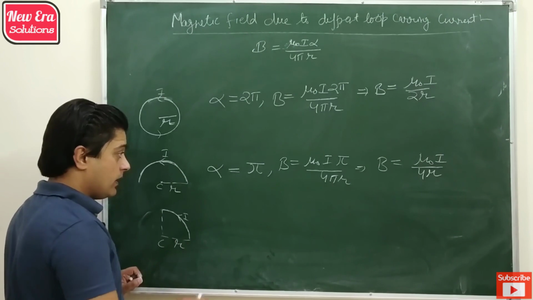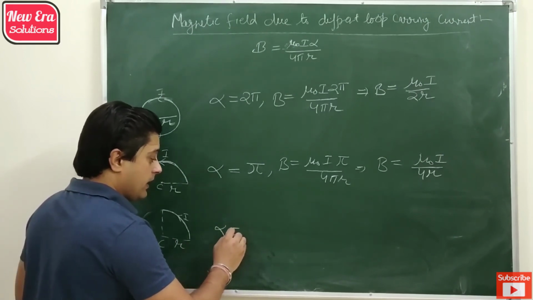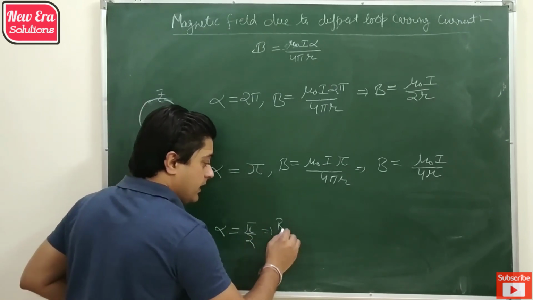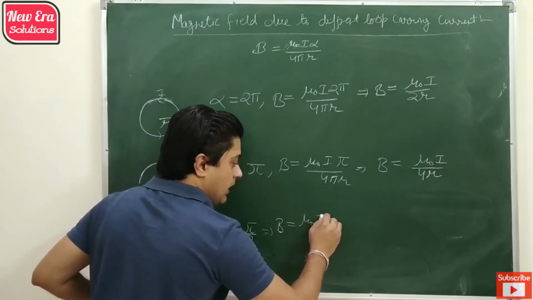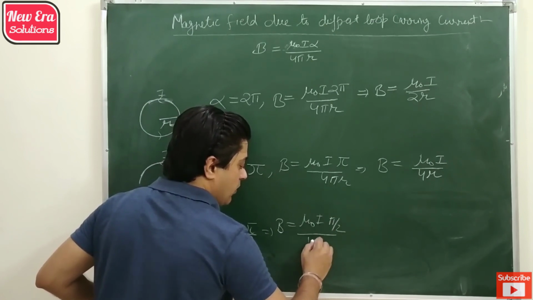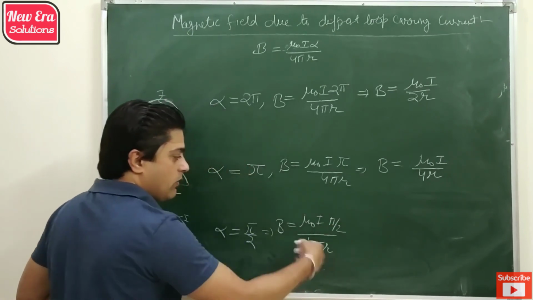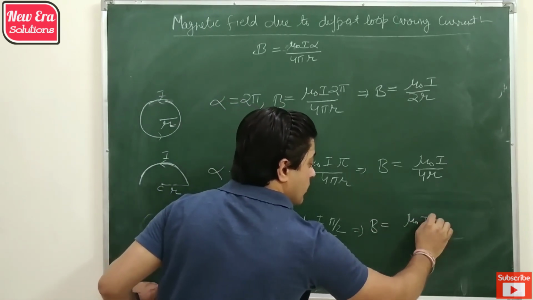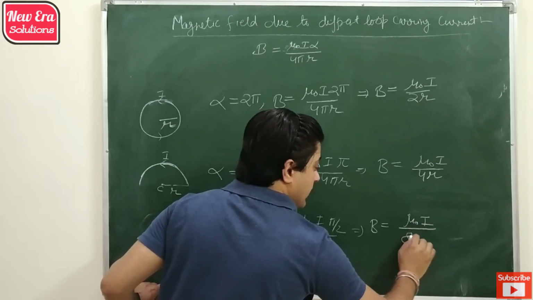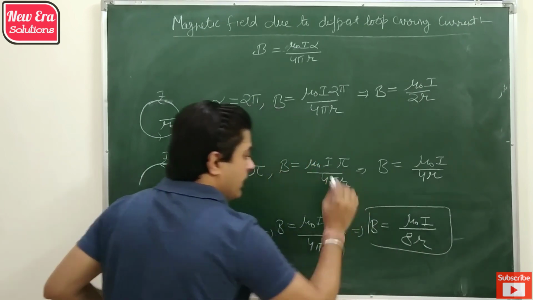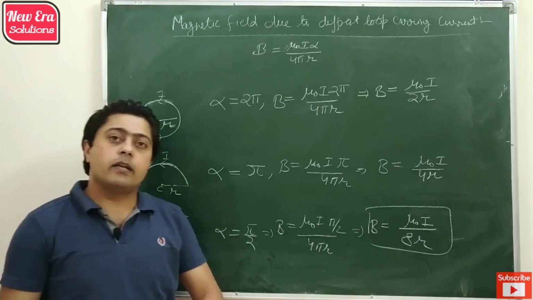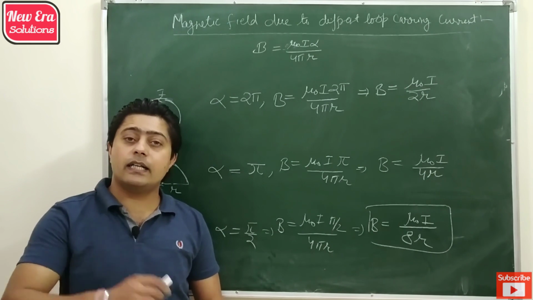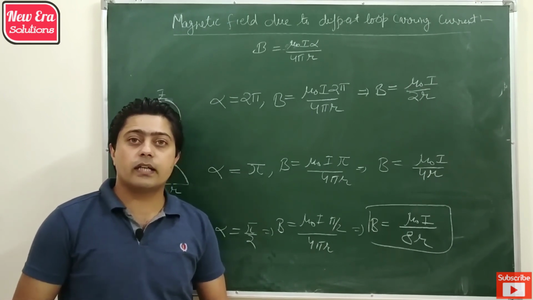Then for a quadrant having current I, alpha is equal to pi by 2, then the magnetic field is equal to mu naught I pi by 2 upon 4 pi r. Pi is cancelled out, 4 multiplied by 2. So the magnetic field at the center due to a quadrant of a circular current carrying loop is mu naught I by 8r. So by finding the angle, we can find the magnetic field at the center of a current carrying loop.